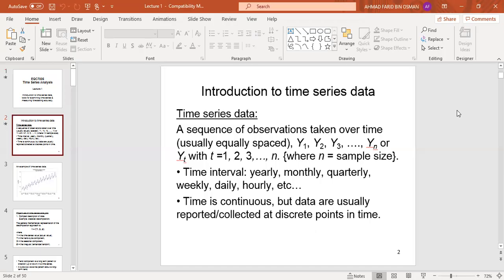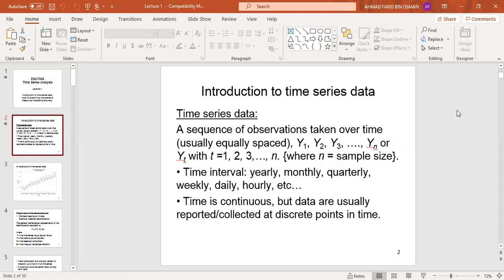In terms of time interval, time series data could be yearly or annual, monthly, quarterly, weekly, daily, hourly, and so on. Although time is continuous, time series data are usually reported or collected at discrete points in time.